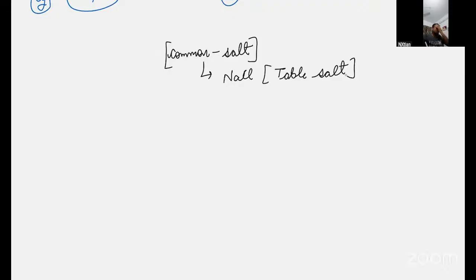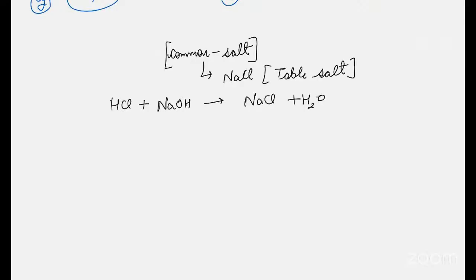Okay. Now listen, guys. When HCl reacts with NaOH, it gives NaCl plus water. This is how you will get NaCl. Got it? Write it down under this.